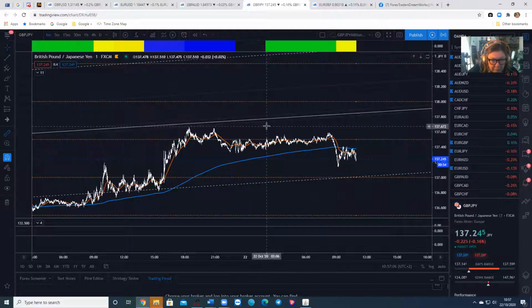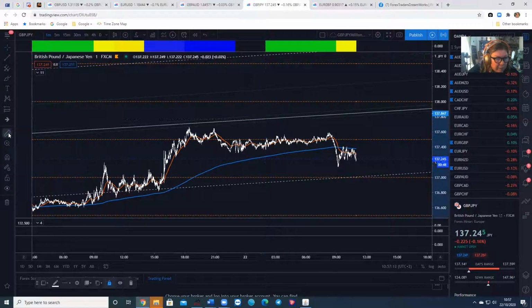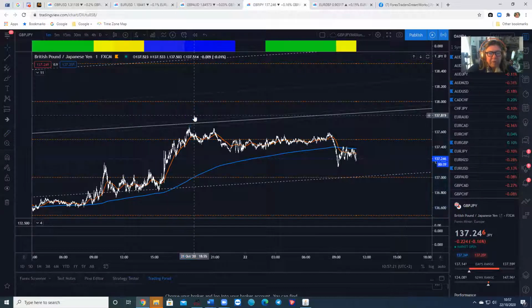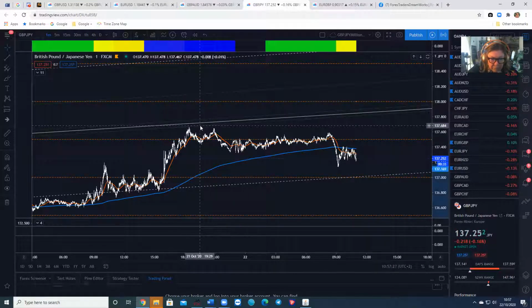How many pips? Oh, hang on, got that wrong. Oh, that was 4.9 pips. And there's just an old outer extension. It's just absolutely touched it perfectly.